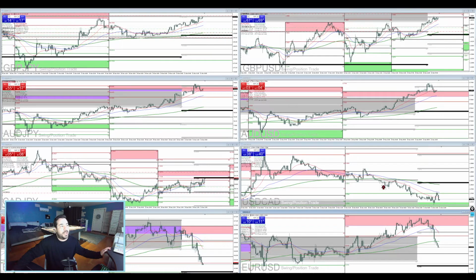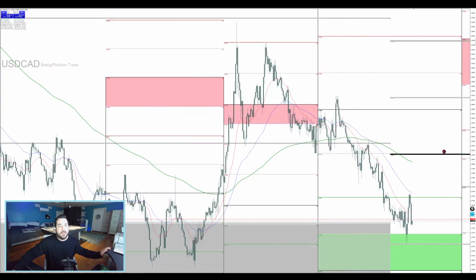The USD CAD, this is the one. The one thing that I trade on with the USD CAD is the swing. And yep, we're right down here right now. And what's interesting also is price already came and wicked right down to the M2 monthly. So that's an interesting little aspect right here.